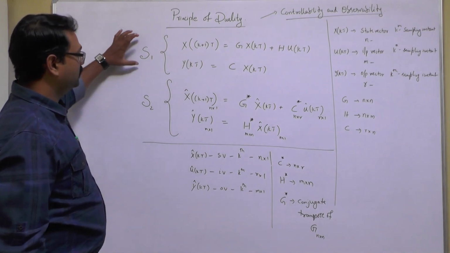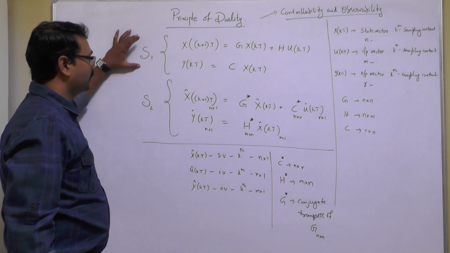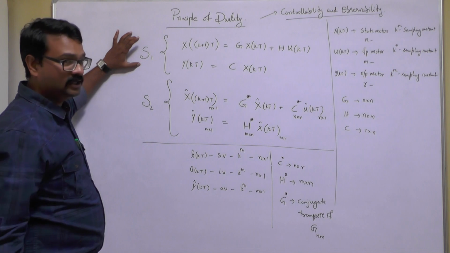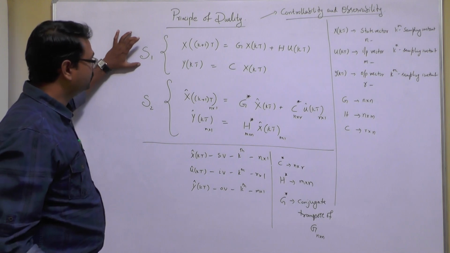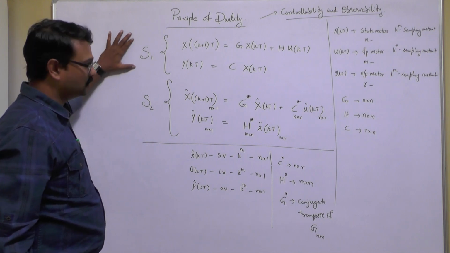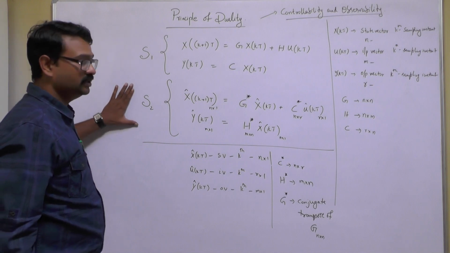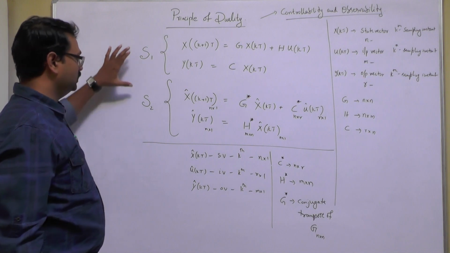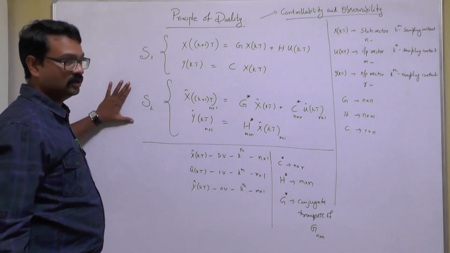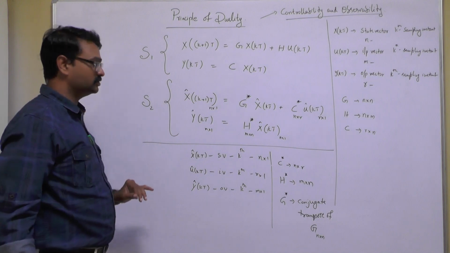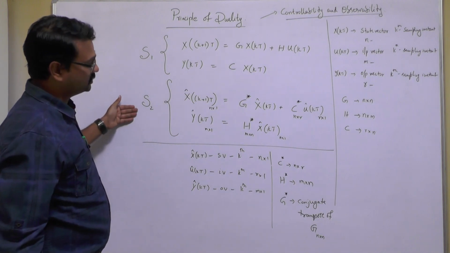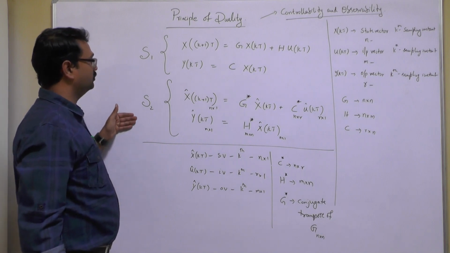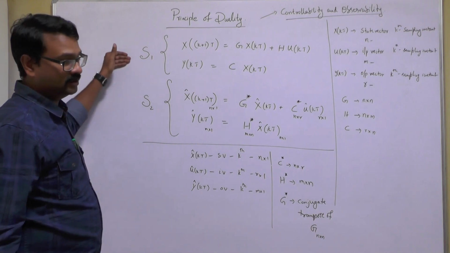easily say that if this system is controllable, according to the principle of duality, the principle of duality states that if system S1 is controllable, then system S2 is observable, or if system S1 is observable, then system S2 is controllable. The reverse also happens. If system S2 is controllable, S1 is observable, and if S2 is observable, S1 is controllable.